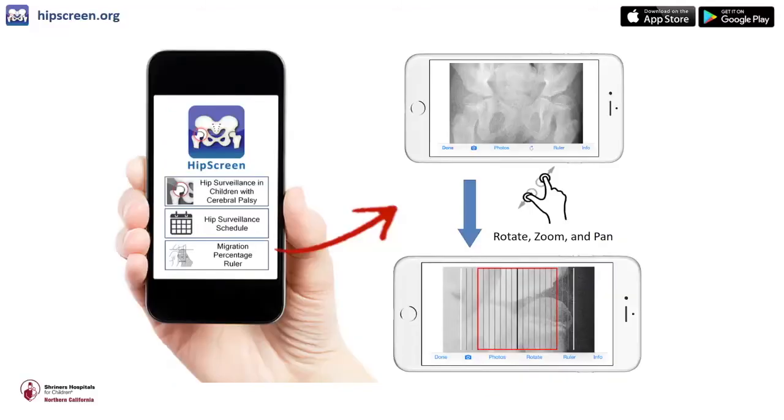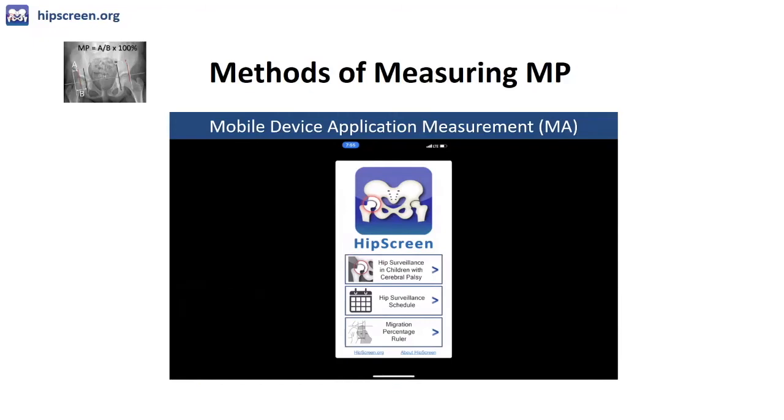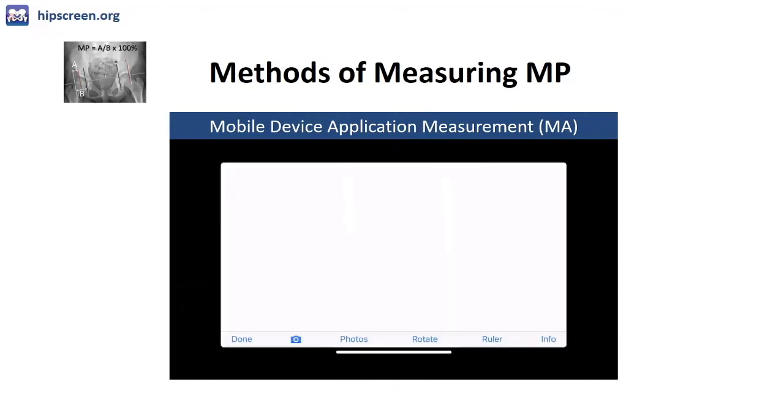Now, I'd like to go through the HipScreen method of measurement. What's different about the HipScreen measurement is that we don't move any lines on the screen. We are rotating, panning, and zooming the image to fit to the ruler. And that allows us to adapt this method of measurement to a smaller screen with accuracy. So let's go through that real quickly.